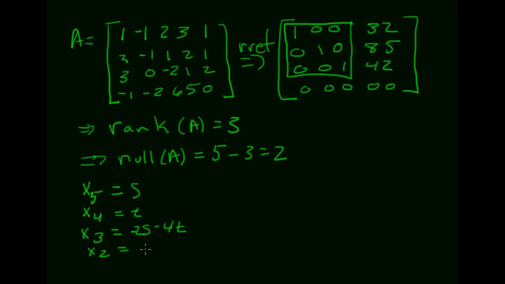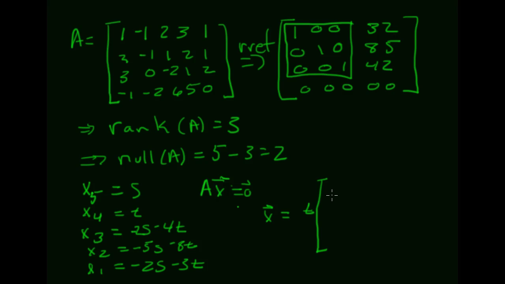x2 should be -5s minus 8t, and x1 should be -2s minus 3t, which means that if I had the homogeneous system of equations, then the solution would have to be t times the vector -3, -8, -4, 1, 0, plus s times the vector -2, -5, -2, 0, 1.